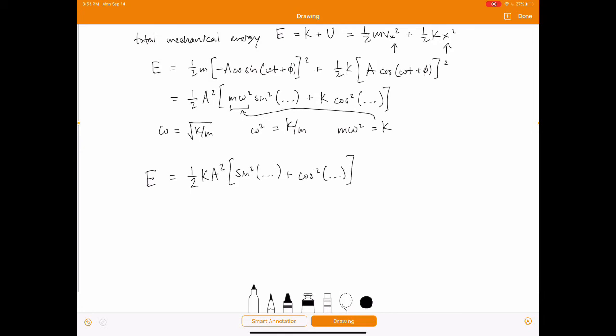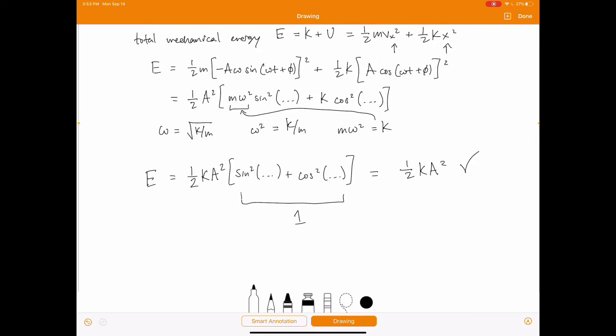And the trig identity that you should be thinking of is if we have sine squared plus cosine squared of any angle whatsoever, that's just equal to 1. So we're left with 1/2 k A squared.